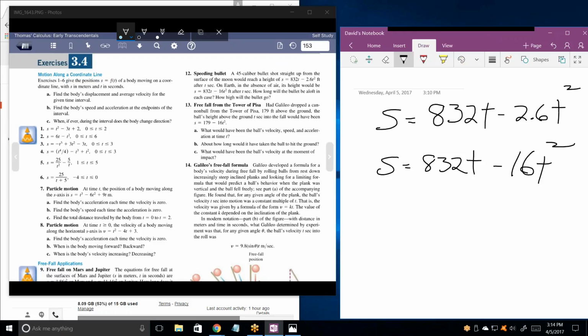Now, when they say in the absence of air, they mean that on the moon, there is no air. So on the Earth, this would not be exactly true with the presence of an atmosphere. But if you remove the air, this formula here is the one to go with.